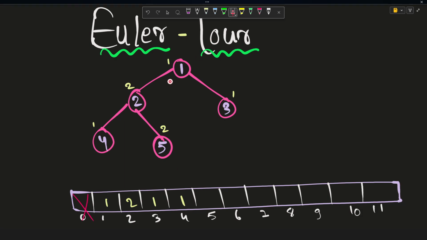And now I will be standing at this second node. But since I have not yet explored this part, I now go to this node. Since I have reached this node for the first time, which has a value of 2, I will write 2 here. And now again, I will backtrack, that is, I will not return to this part again.